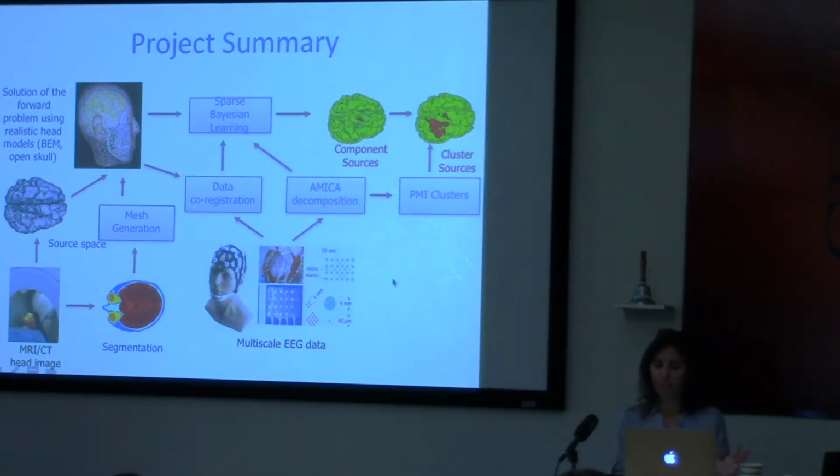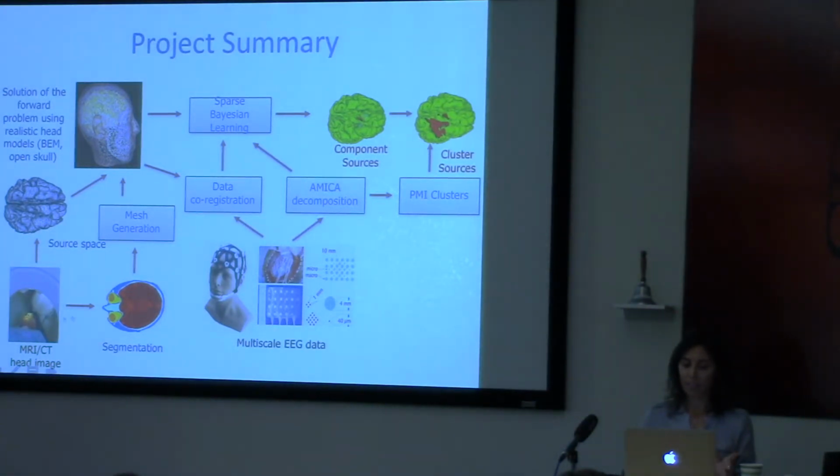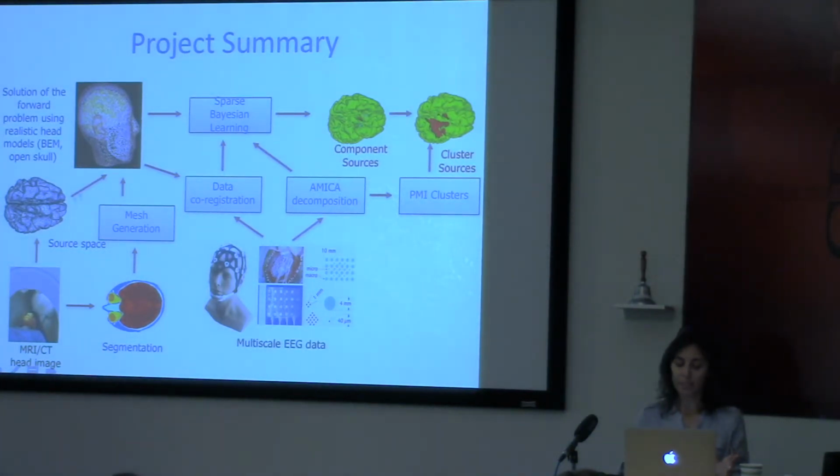So here I want to give an example of the project. We take the MRI, we do segmentation, and generate the mesh for the subject and the source space. On the other hand, we take the multi-scale EEG data, EEG and ECoG data, and we do ICA decomposition.